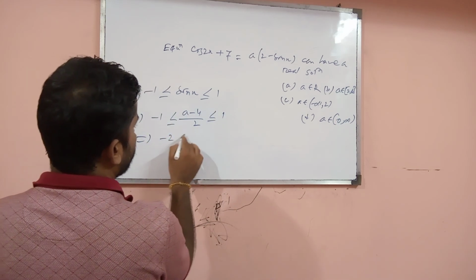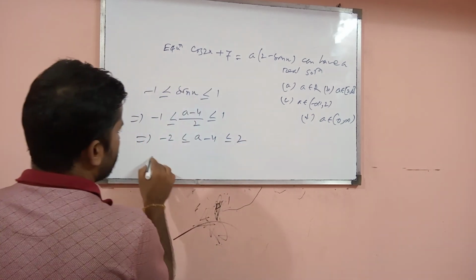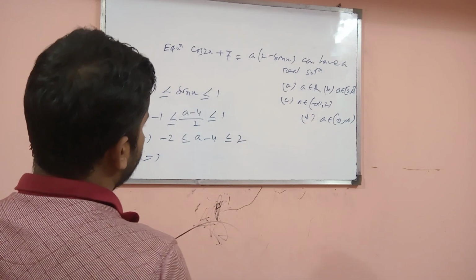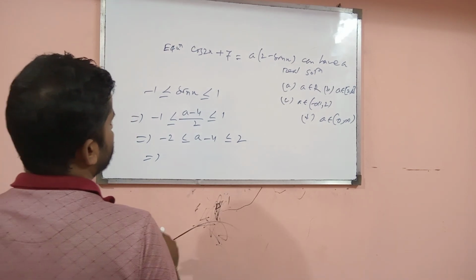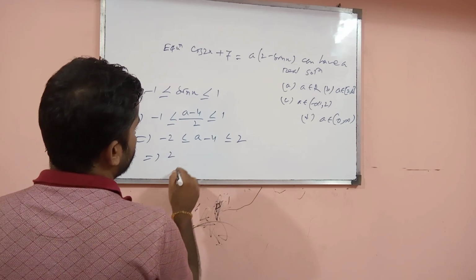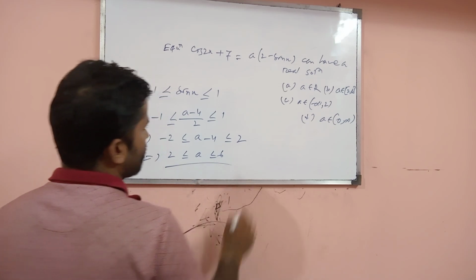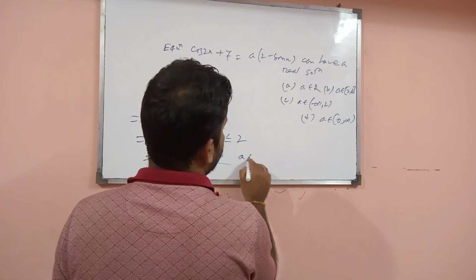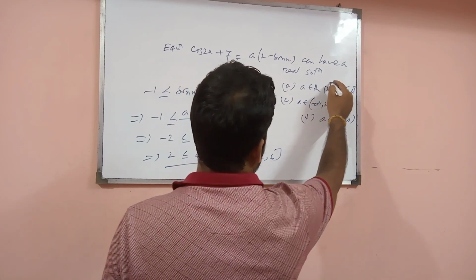So it implies minus 2 is less than or equal to a minus 4, which is less than or equal to 2. So it will be like that: 2 is less than or equal to a and a is less than or equal to 6. So a lies within the interval 2 to 6. It must be option B.